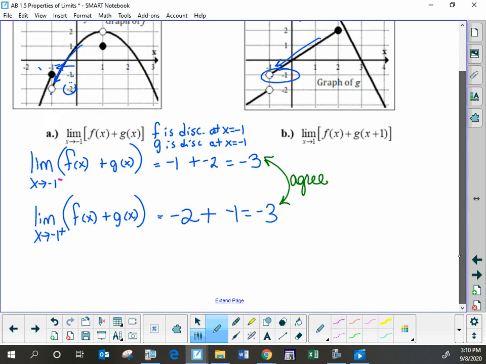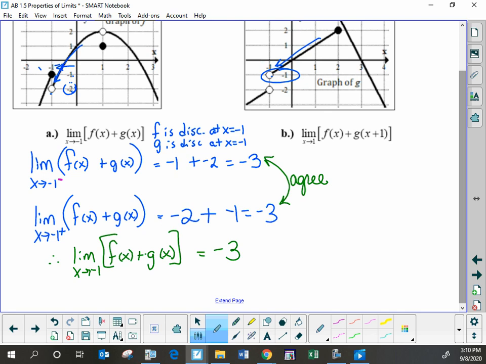So we have a limit. Woohoo! Therefore, the limit is -3. It always pays to go looking at those left and right sides.